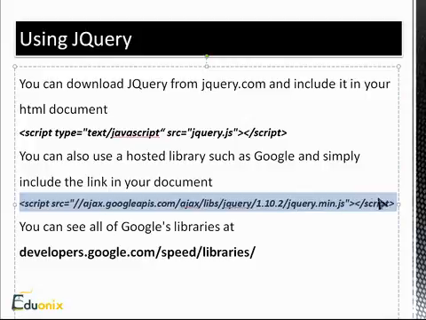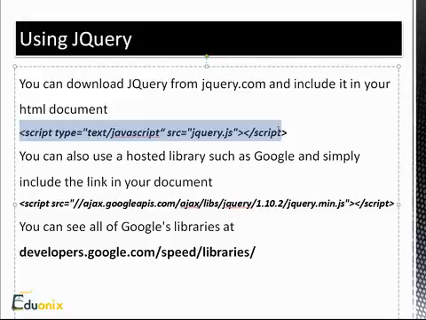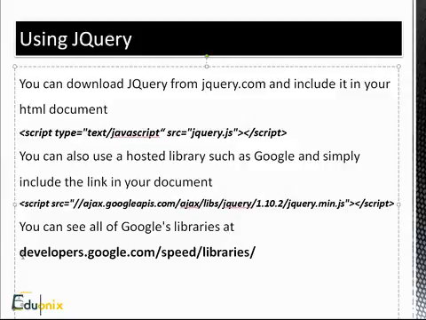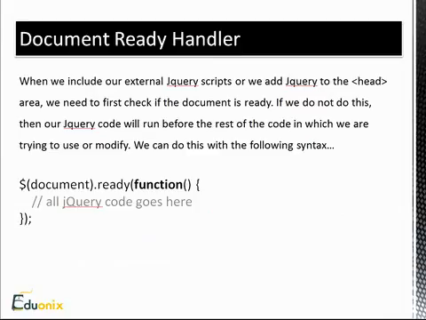So this is the quicker way of doing it. If you're using your localhost and you're not actually on the internet, then I'd suggest using the download, because sometimes this won't work. You can see all of Google's libraries at this link here at the developer site. There's jQuery, and there's a whole bunch of other stuff you can check out.